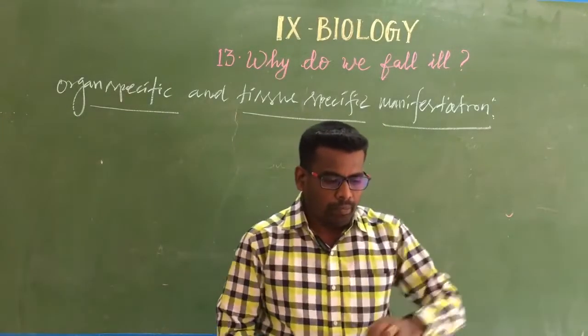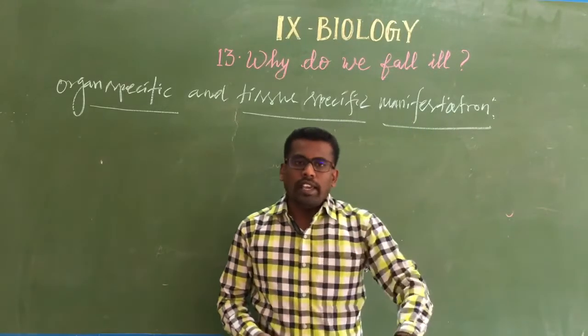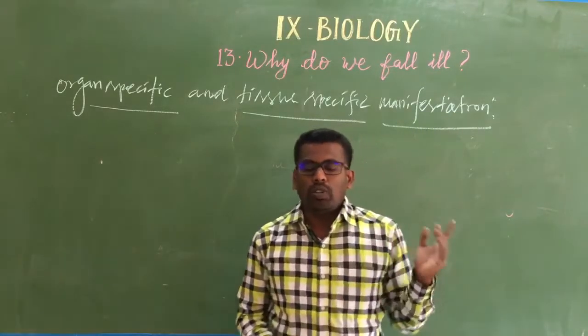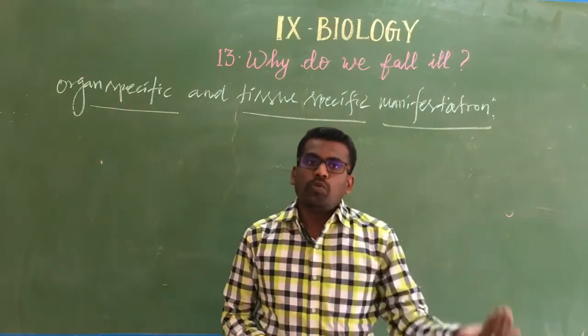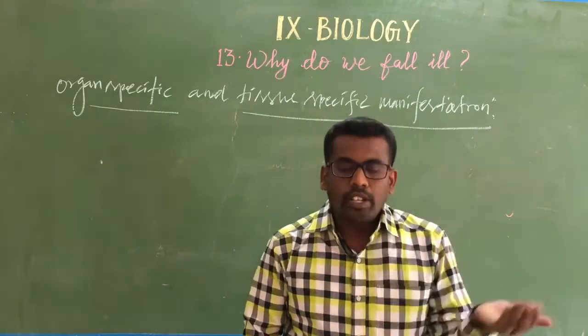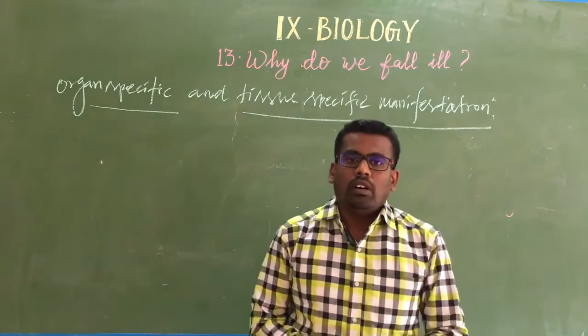Before this, we saw the diseases caused by microorganisms, what they are and how they spread through the air, through the water, through sexual contact and through vectors, for example mosquitoes.